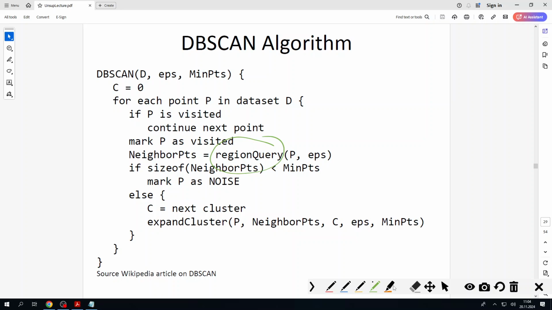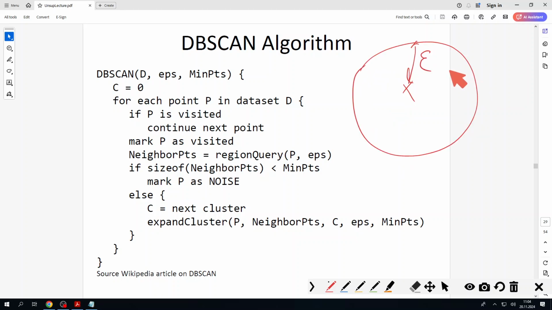Well, actually not exactly like that. More like this: you simply take your point, say here you have that point, then you mark this region with the epsilon distance, and then you count how many neighbor points you have within this region. So now I have 5.